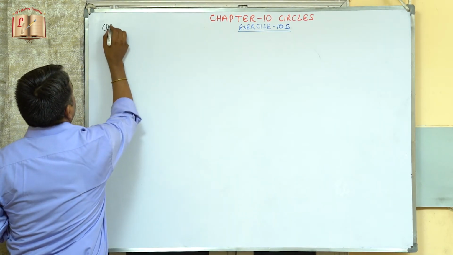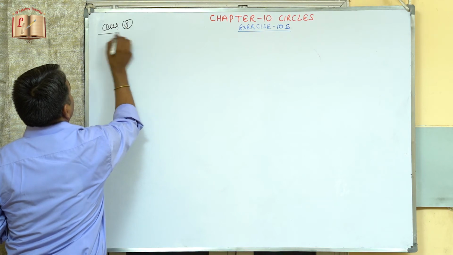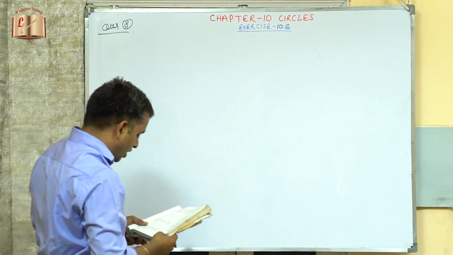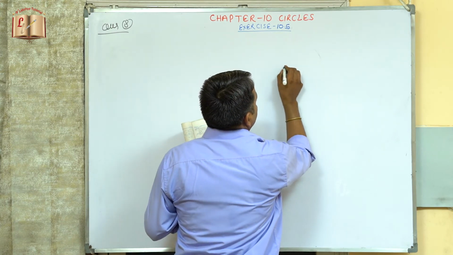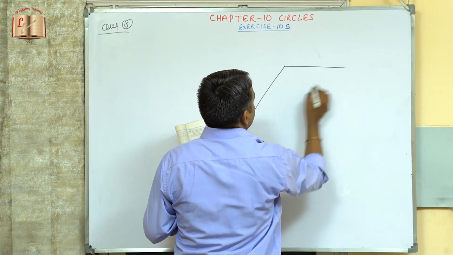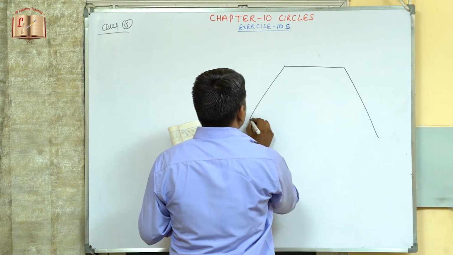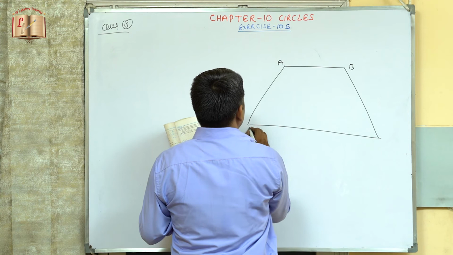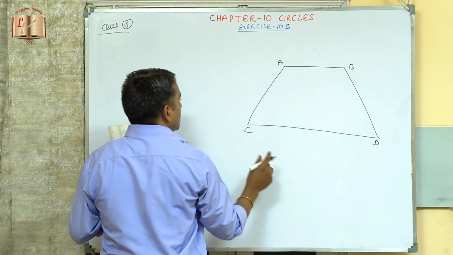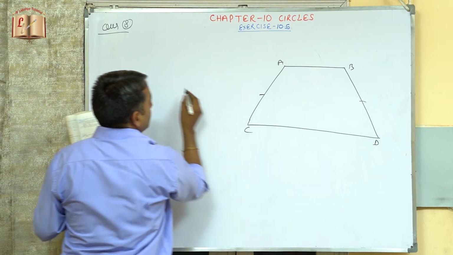Now coming to question number 8. If the non-parallel sides of a trapezium are equal, so this is a trapezium now. So this is A, B, C and D. This side is equal, given.